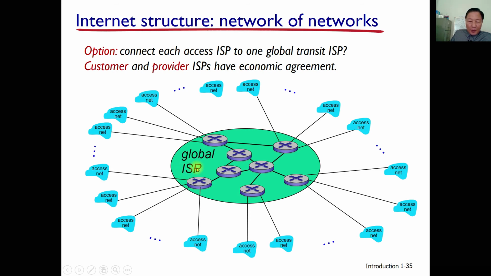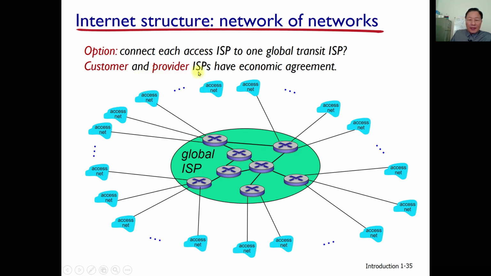This global internet service provider is interconnecting them together, and inside here the traffic data can be routed to another internet service provider through this core global internet service provider. The option is to connect each internet service provider to one global transit internet service provider like this.